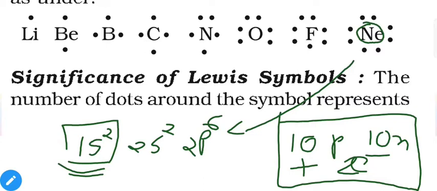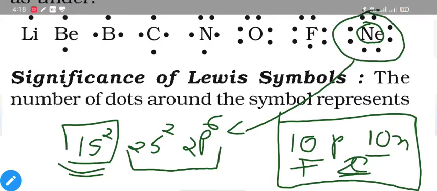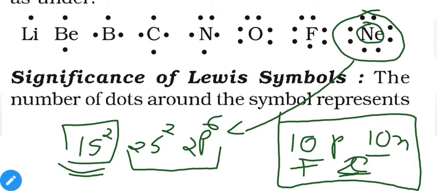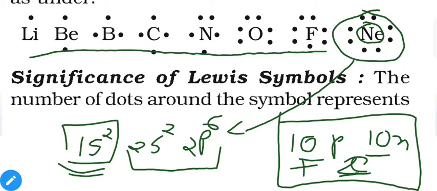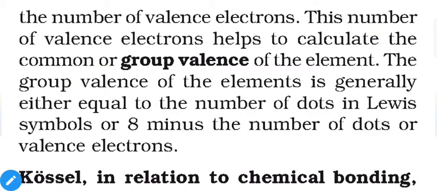It contains 10 protons, 10 neutrons and 2 electrons, and the remaining 8 electrons are valence electrons, so they are shown around the neon. This is the symbolic representation of the positively charged kernel as well as the valence electrons of neon, and likewise for the remaining second period elements. The number of valence electrons helps to calculate the common or group valence of the element.